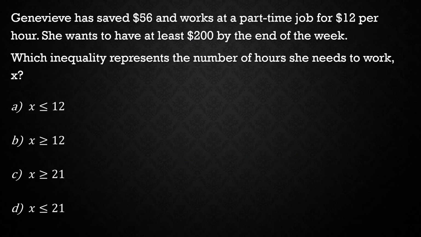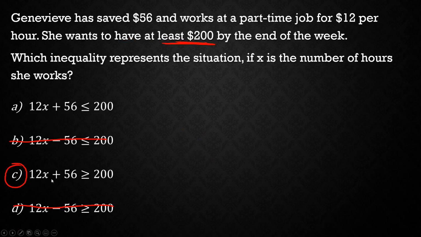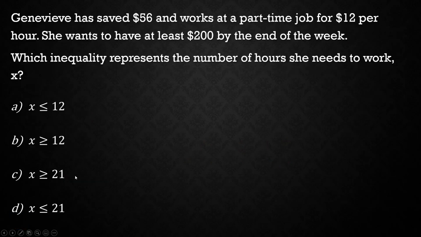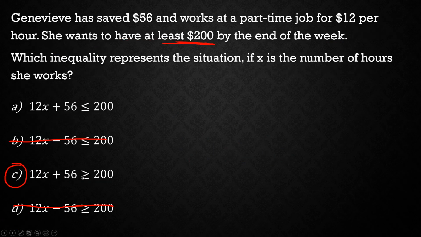Our next one: we're taking that equation that we first did for Genevieve, and now we are solving it. So the first equation that we got was 12x plus 56, and let me double check my inequality.